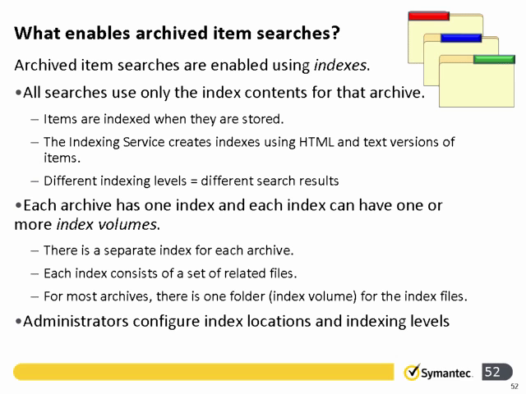There's a separate index for each one of the archives, and each index consists of a set of related files. So we'll store it in a folder hierarchy type of environment, and we'll be looking at that in the indexing lesson. And for most of the archives, there's just going to be one folder or index volume for the index files. But again, the number of items that are being archived will determine that indexing size.